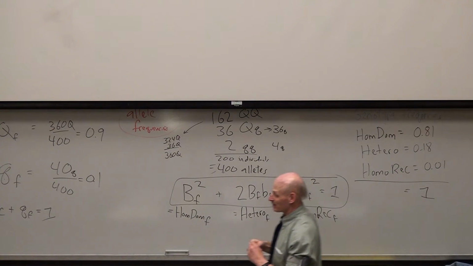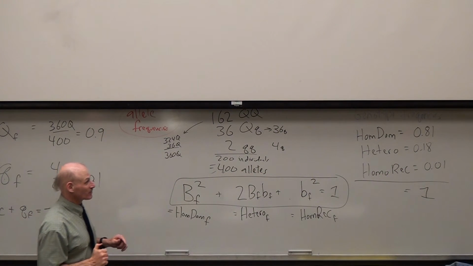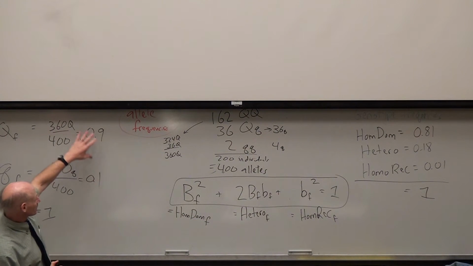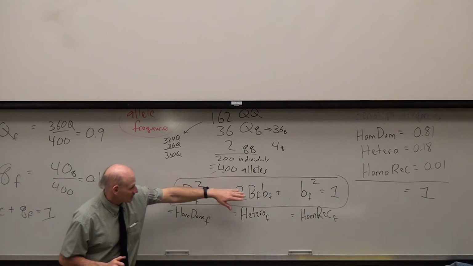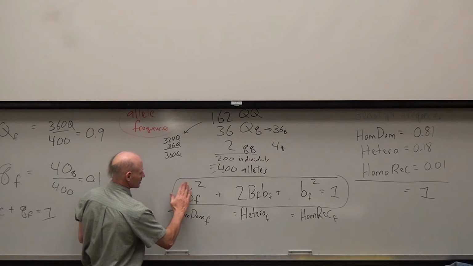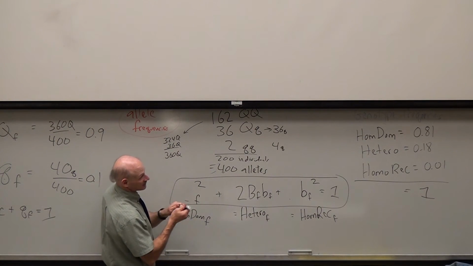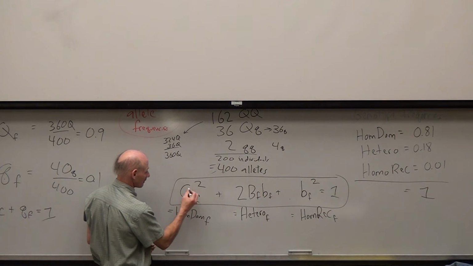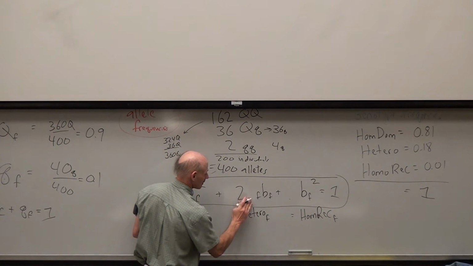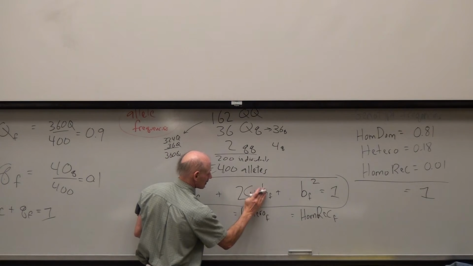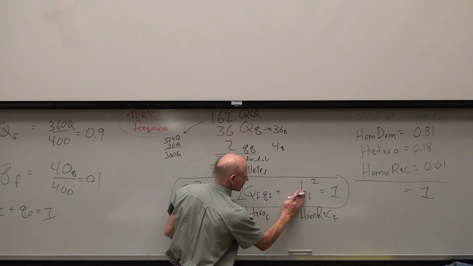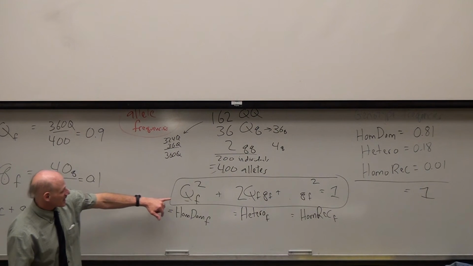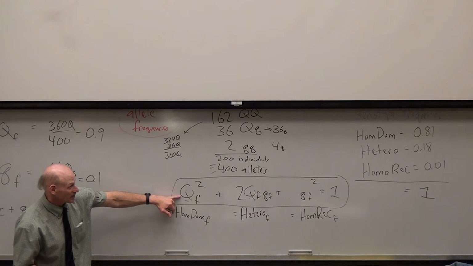All right, are these guys in Hardy-Weinberg equilibrium? If we take these numbers and stick them into the allele frequency equations here, do we get those correct genotype frequencies over there? And I think we do. What's 0.9 squared? 0.9 times 0.9.